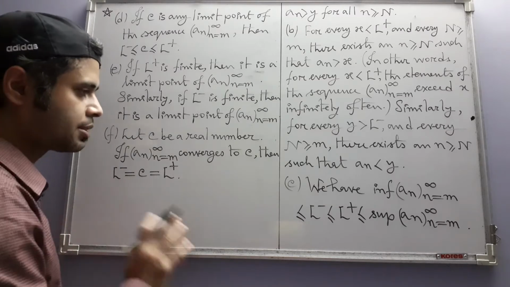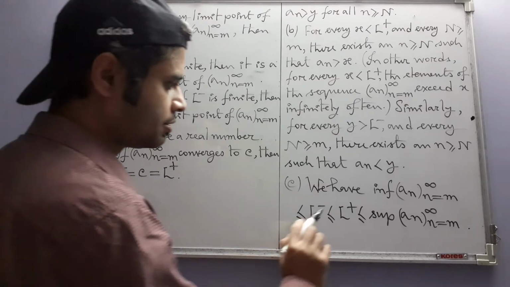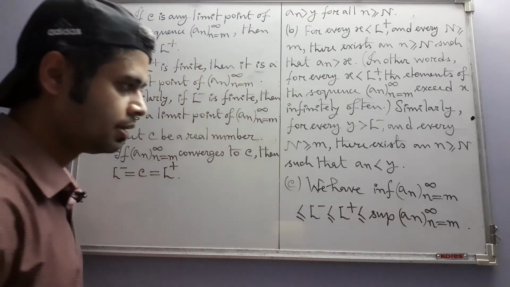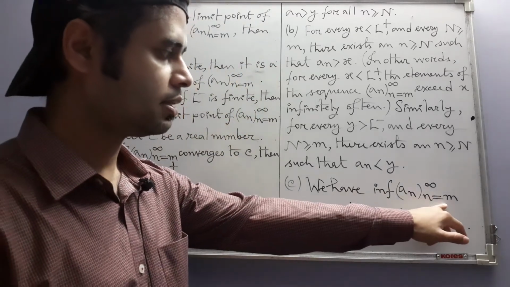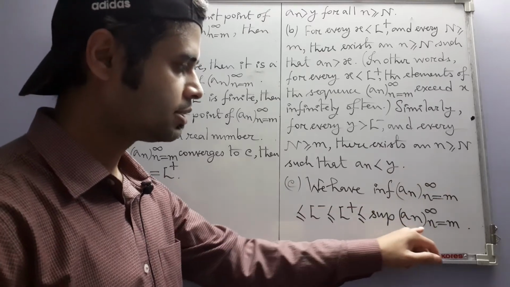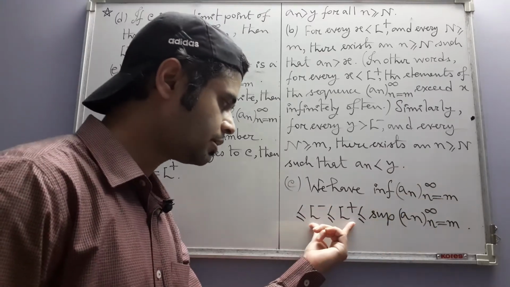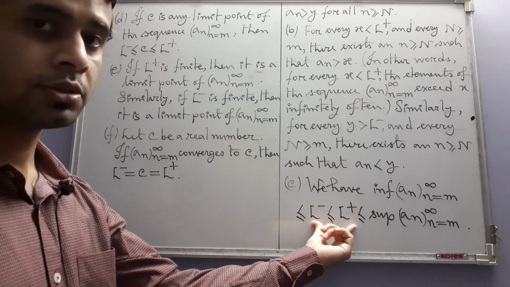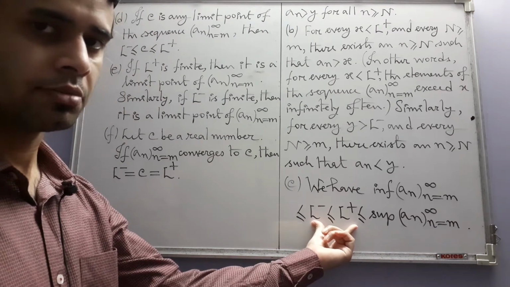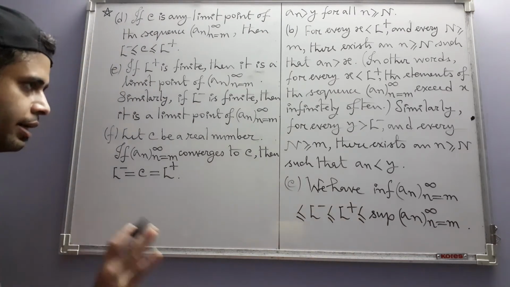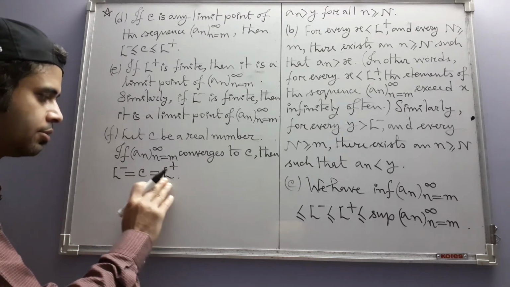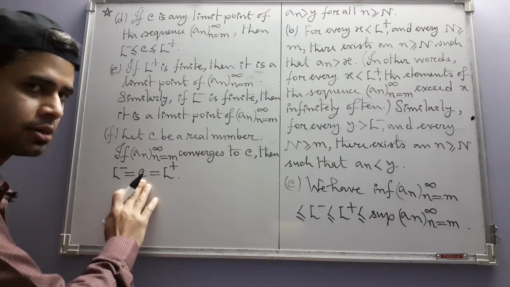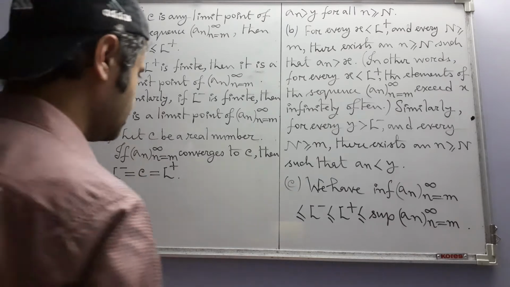And why I am saying that is true, it is because you look at these inequalities. If the sequence is bounded, then its infimum is a real number and so is its supremum. So these quantities are forced to be real numbers as well. So at least they are real numbers, but additionally it turns out that they are actually equal and they are equal to the limit of the sequence.